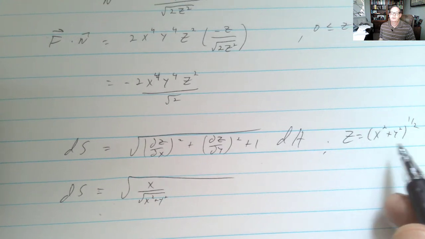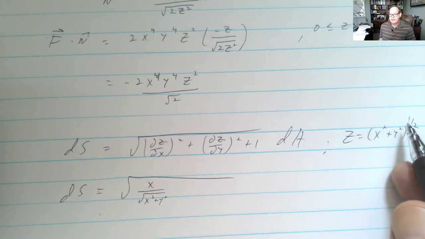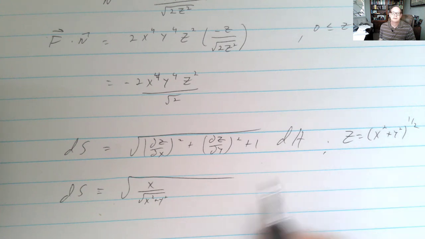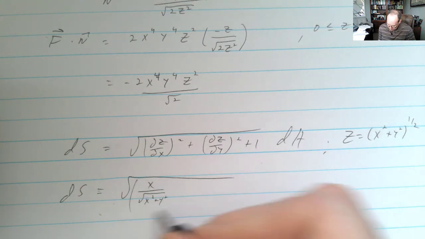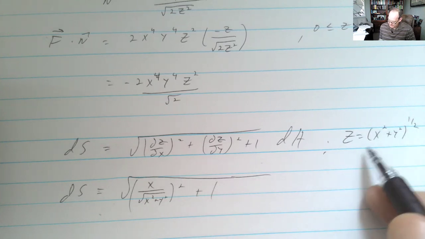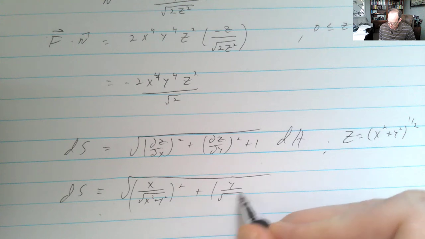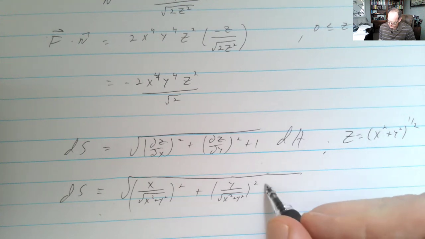If you take this partial derivative, you'll get 1/2 x squared plus y squared to the negative 1/2, then times 2x. This gives me that. So we have to square this. Similarly for y, we'll get 1/2 to the negative 1/2 times 2y. It'll be y over the square root of x squared plus y squared. And we'll square that, and then plus 1.